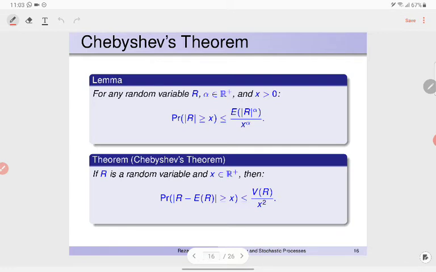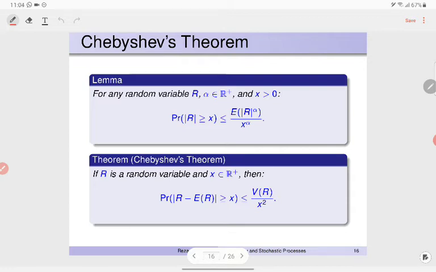For any random variable R, alpha a positive real number and x more than 0, the probability that the absolute value of R is larger or equal to x must be less or equal to the expectation of the absolute value of R to the power of alpha divided by x to the power of alpha. And alpha can be anything.